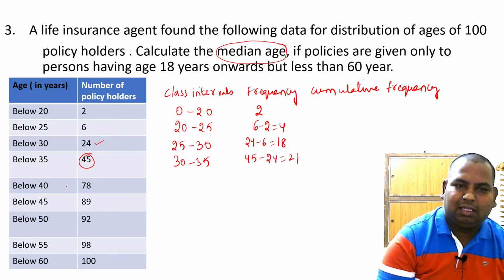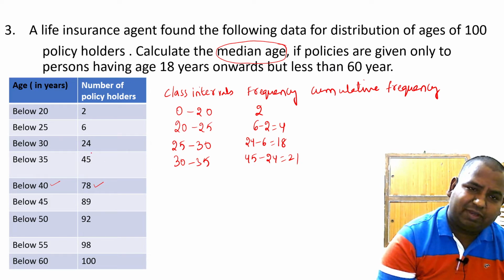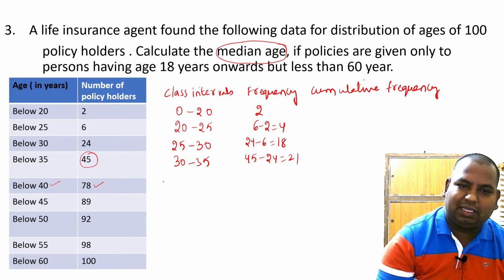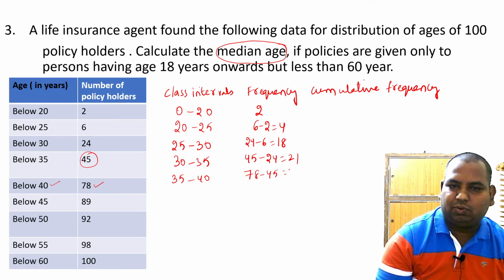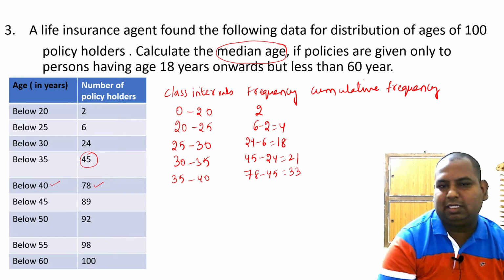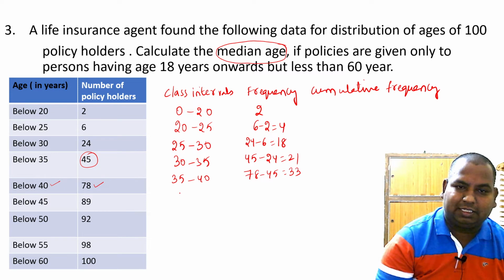Next, there are 78 people whose age is below 40. There are 45 people whose age is below 35. Then what about 35 to 40? That would be 78 minus 45, which is equal to 33. 8 minus 5, 3, 7 minus 4, 3, 33.